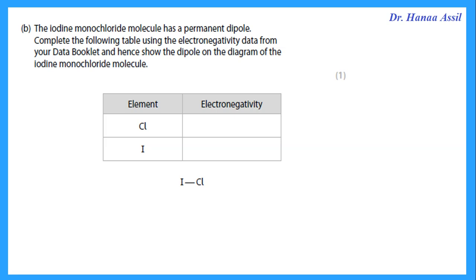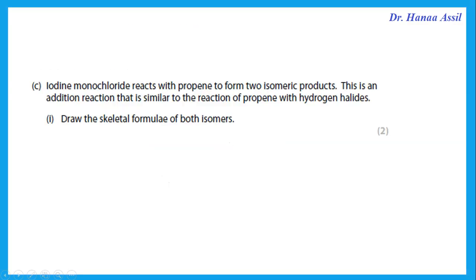So you get these numbers from the data booklet, and what we have is the chlorine has electronegativity of 3, iodine has electronegativity of 2.5. That means the chlorine is the one that is more electronegative, so that is the one that will be slightly negative, and the iodine is slightly positive.